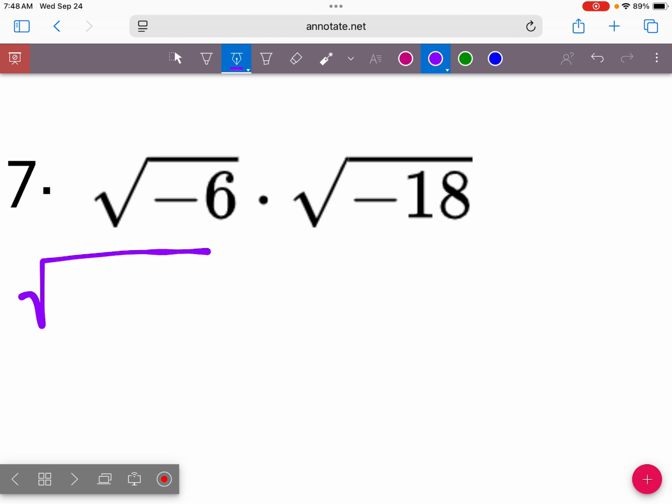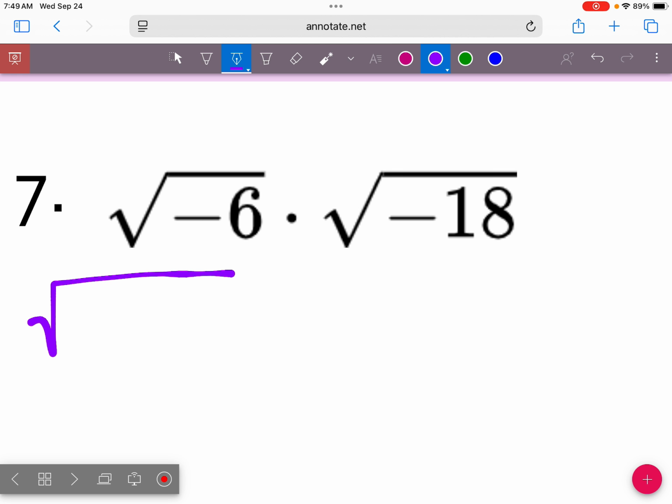As long as we don't lose track of those i's, because that's super duper important. As long as we don't lose track of those signs, totally fine. We just got to pay attention to those i's. That's just like 3 shortcuts all smushed into one. But as long as we're careful, I go the long way because it's like proper.